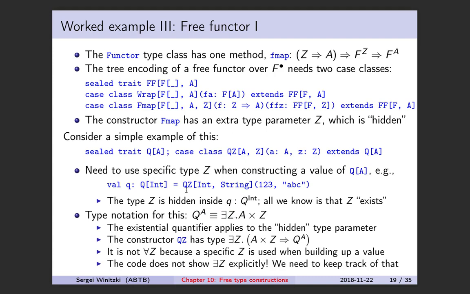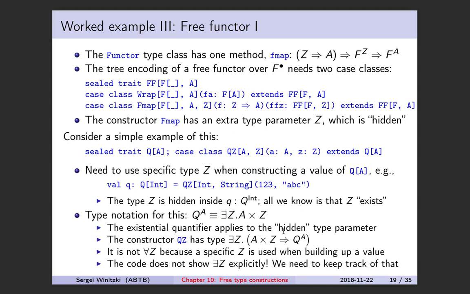So to build a value of this type, we need to find some type or select some type z, put a value of this type in there, but we hide it. So outside we don't see that z, it exists inside. So this is the notation, and this is called the existential quantifier.